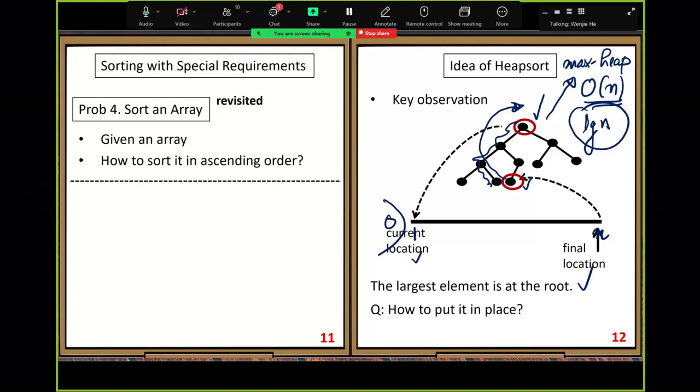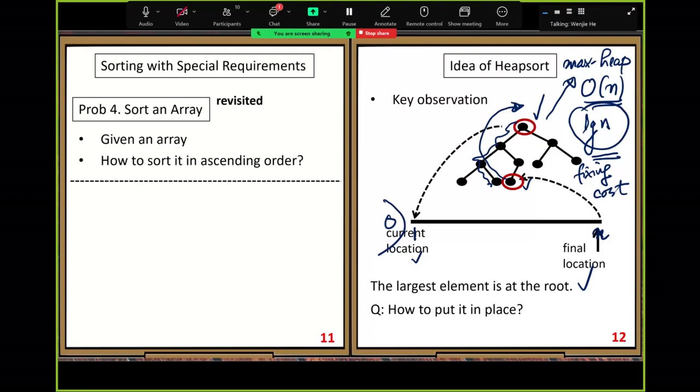So you recover the max heap with this much fixing cost. This is the fixing cost, okay?